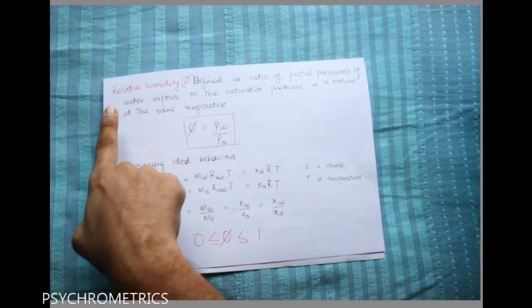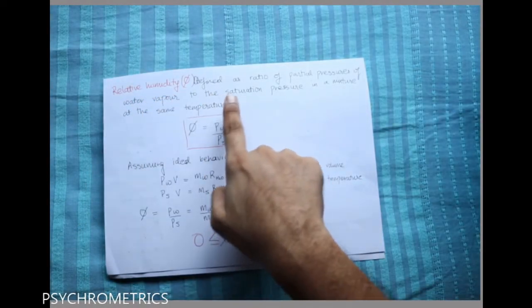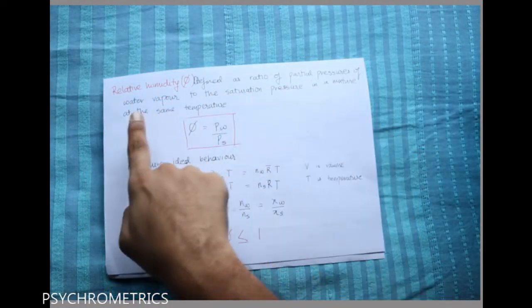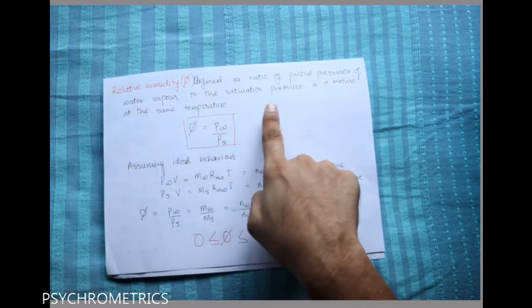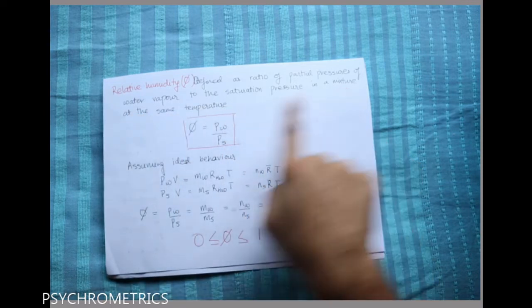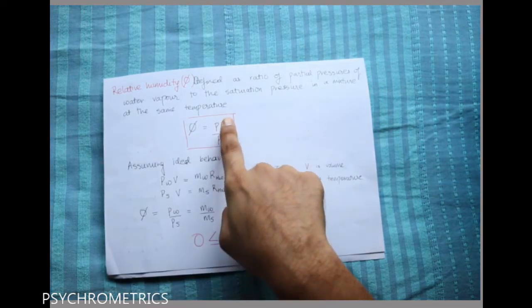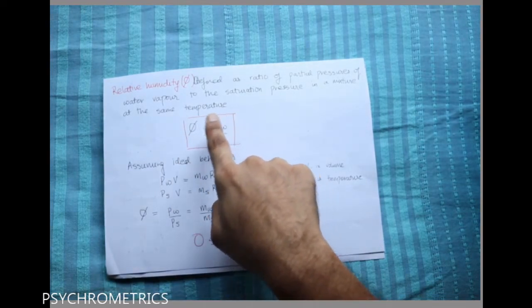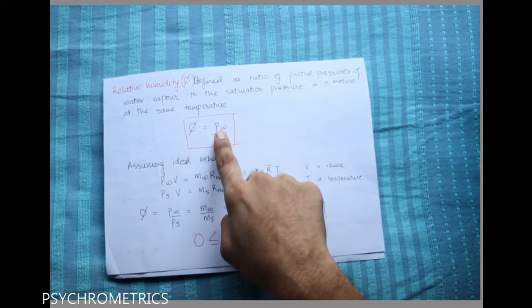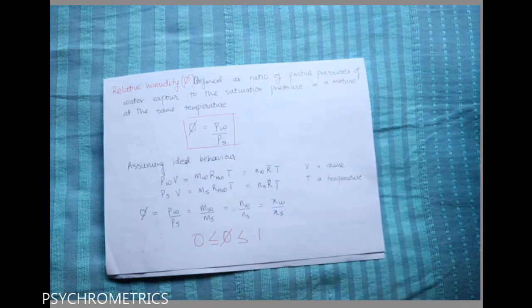We define relative humidity as the ratio of partial pressure of water vapor to the saturation pressure in a mixture at the same temperature. So the water in a mixture exerts some partial pressure.